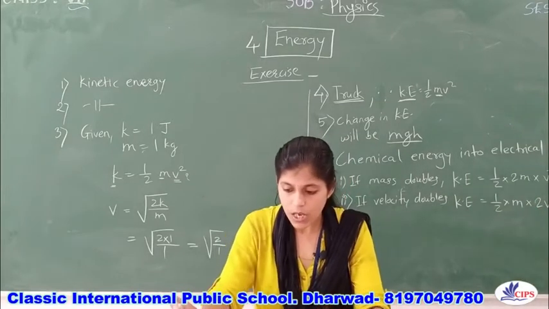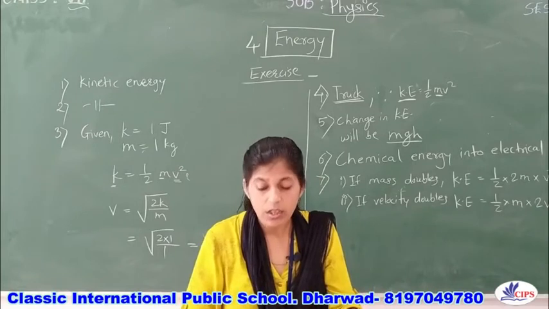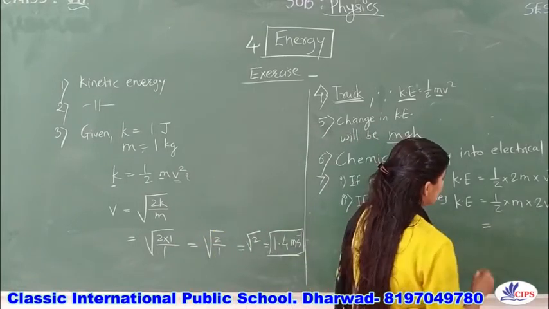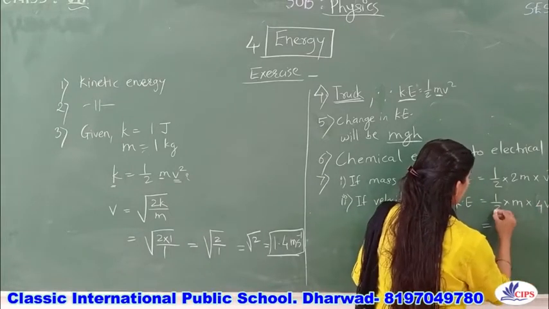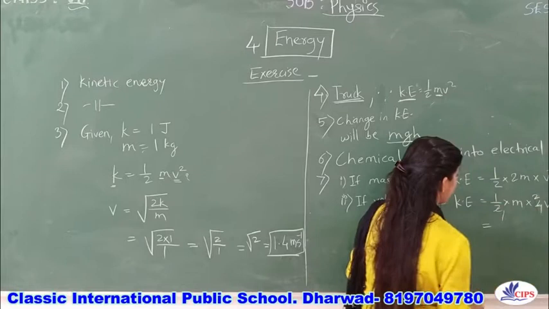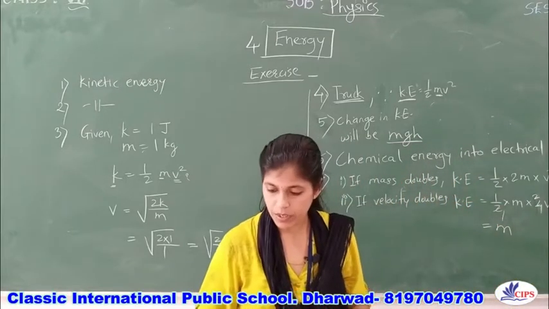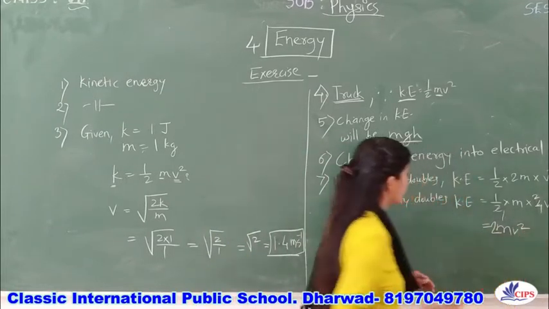So in this case what answer will you get here? Listen, 2 times 2 is 4, so 4v square, half times 4 is 2, and you will get 2mv square.